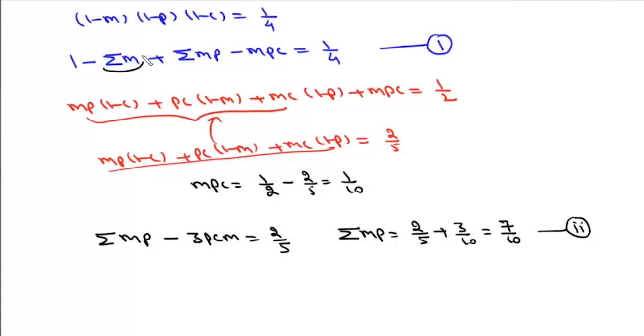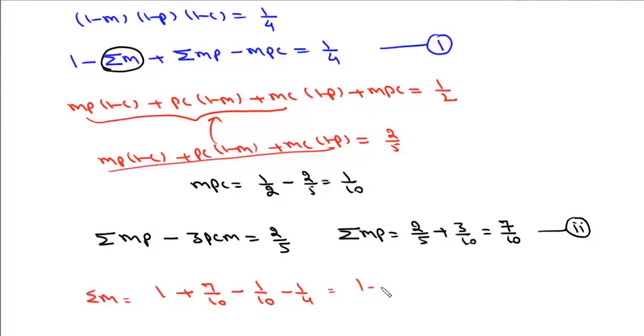Now from here we'll find this summation M. So this summation M will be 1 plus, now MP is 7 by 10, minus MPC. Minus MPC is 1 by 10 and then minus 1 by 4.